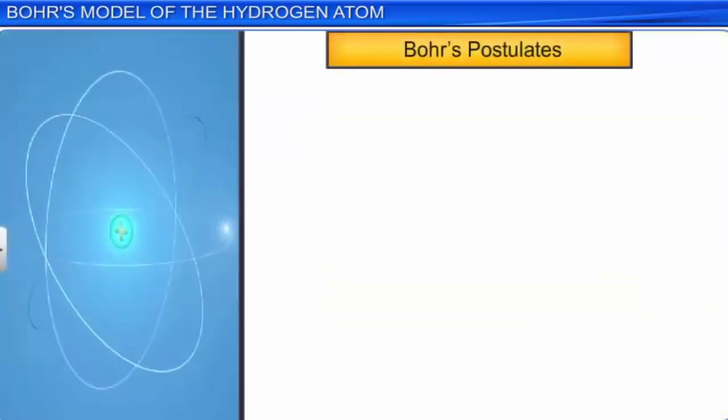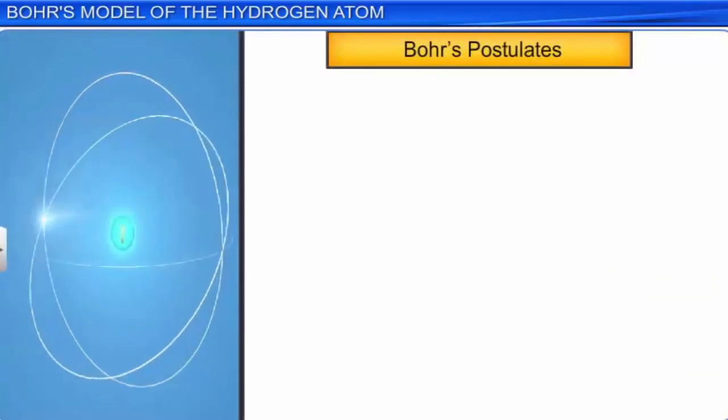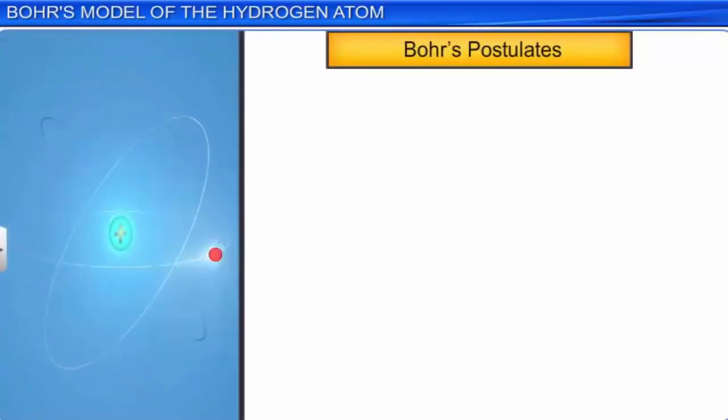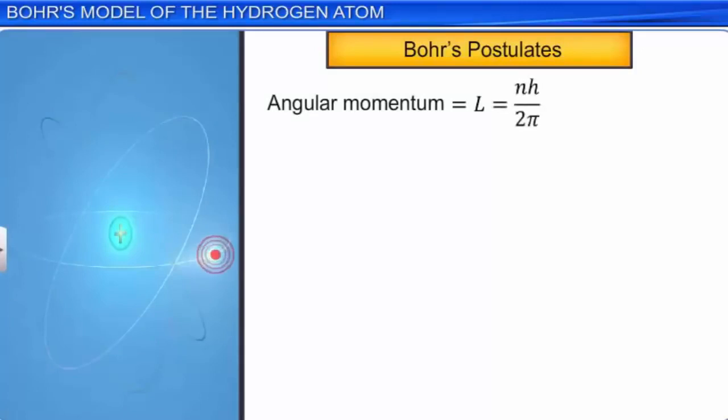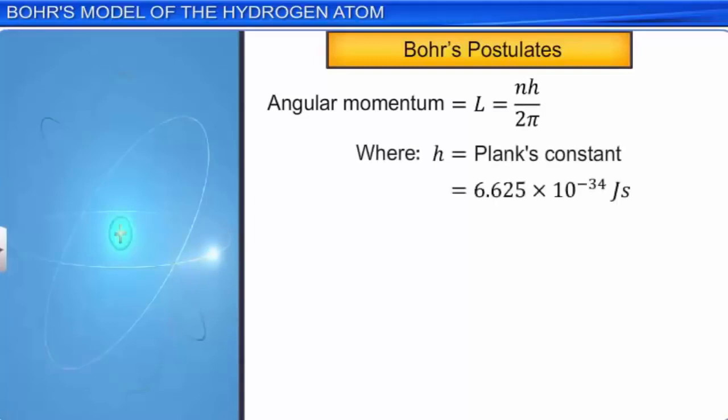According to Bohr's second postulate, the electron revolves around the nucleus only in those orbits for which the angular momentum L is an integral multiple of h by 2 pi, where h is Planck's constant equal to 6.625 × 10^-34 joule second.